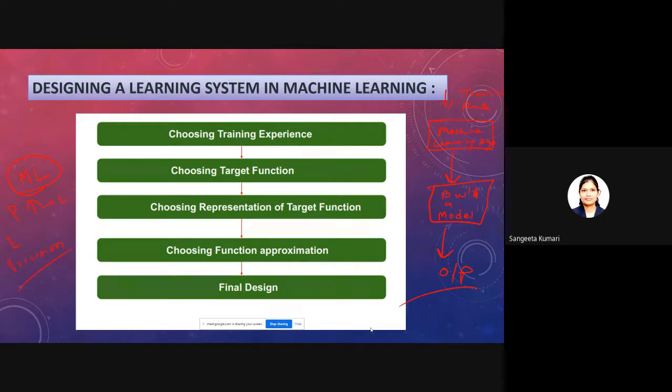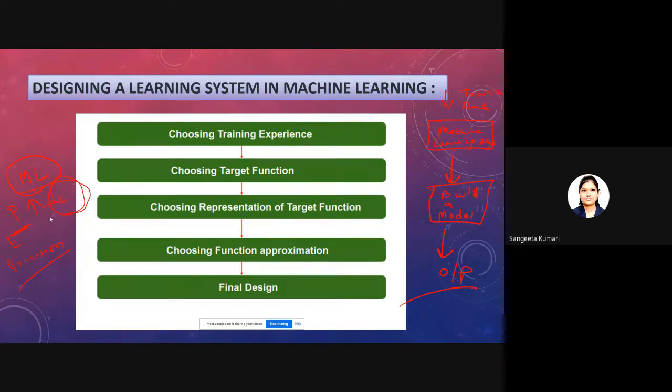So like this, what is happening is that the more and more data is fed to this, the more efficient output will be produced. And that's why it's important to say that this performance P is going to improve over the experience E. And that is the meaning of how it is going to improve, right?